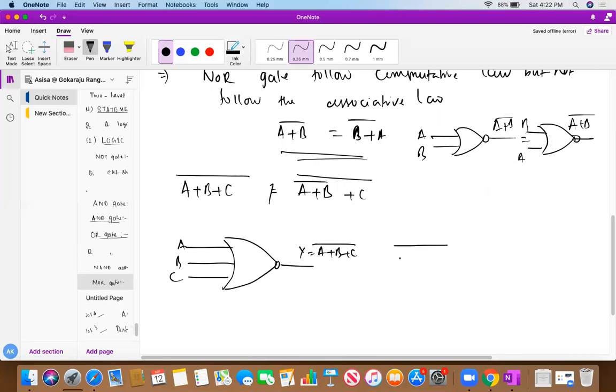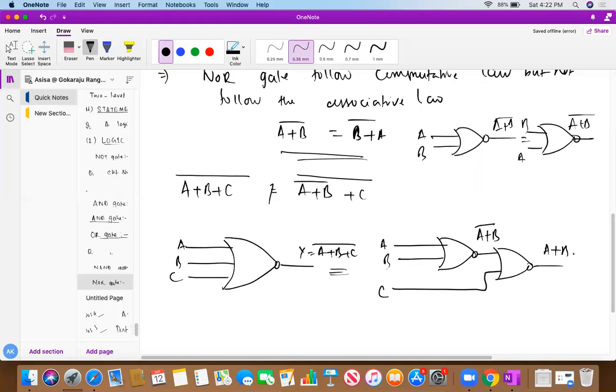But if I first do (A or B) bar and finally combine with C using a NOR, I am not going to get the same output. It is obviously not equal to (A or B or C) bar.